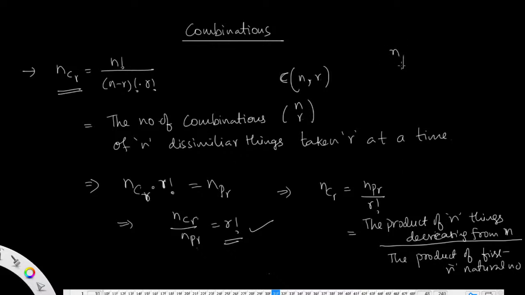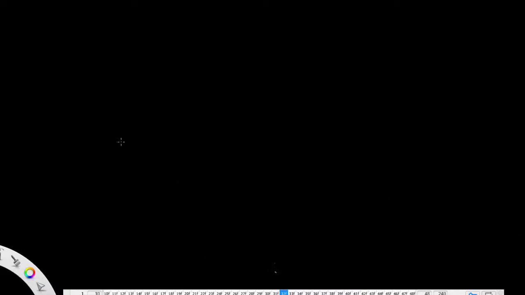In terms of nPr, it is only the product of the first natural numbers going on till n minus r plus 1. But in the form of nPr by r factorial, the product of the natural numbers we can also write. That is the basic formula. As an example we learned, suppose 8C2 is there, then you can write 8 into 7 by 2 into 1 in the denominator, so that is 28.